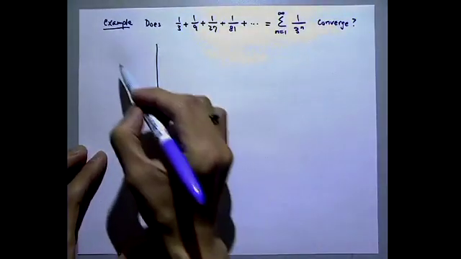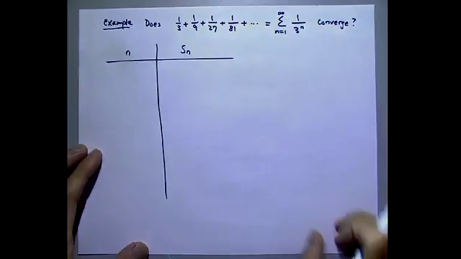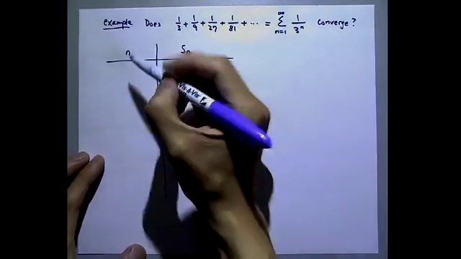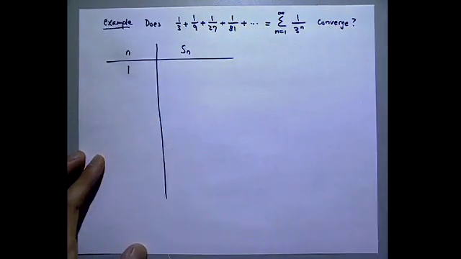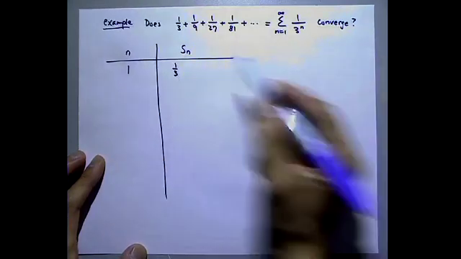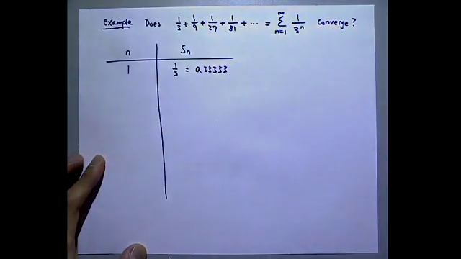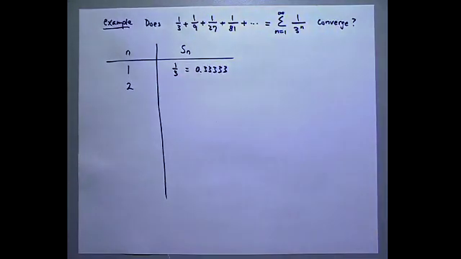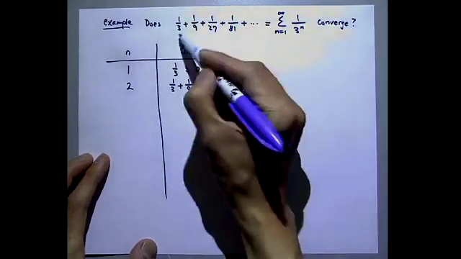I'm going to make a table here of the partial sums. The first partial sum is simply the first term, and that's 1 over 3, 0.3333, and so on. Then the second partial sum is the sum of the first two terms, 1 over 3 plus 1 over 9.